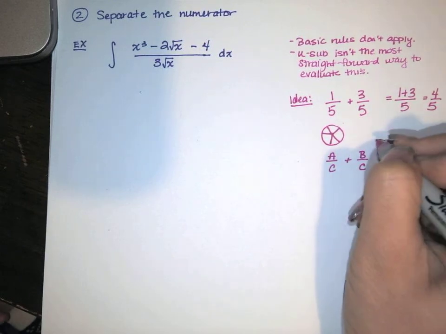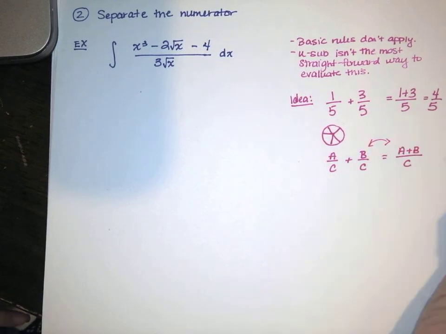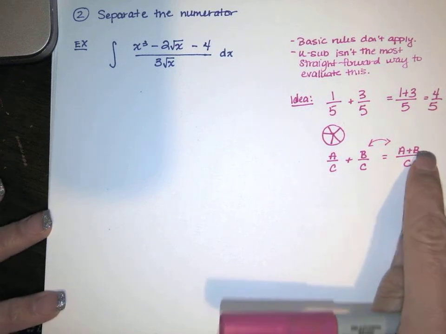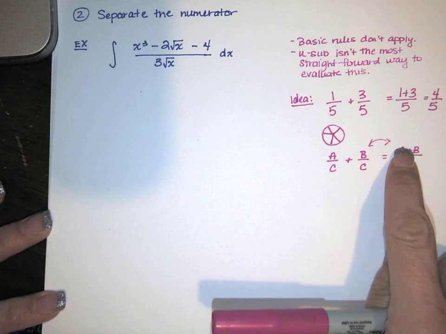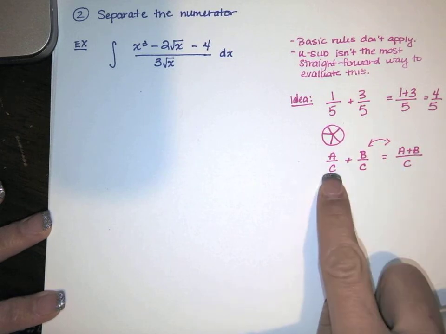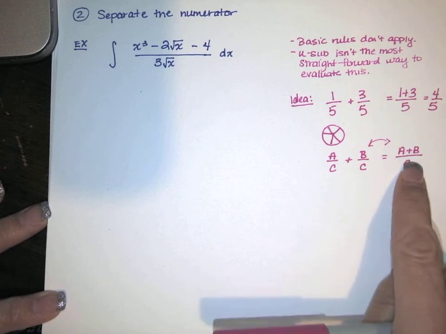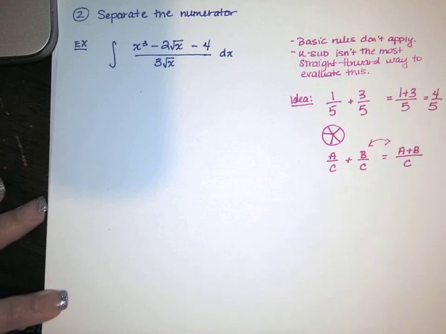But it turns out you can also go in this direction as well. That's what we're going to do here. If I have a sum of terms and all of them are divided by one thing, I can take each term separately and divide it by that one thing. That's what this says. A plus b over c is the same as just taking a over c and b over c and adding them together.